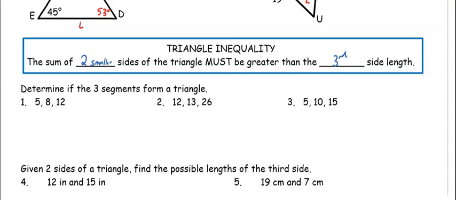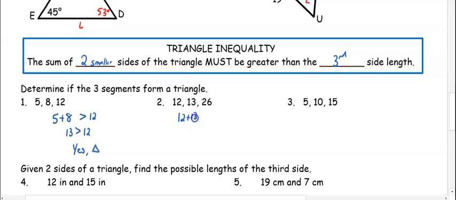So in number 1, our biggest side is 12. So 5 plus 8 needs to be bigger than 12. 5 plus 8 is 13. 13 is bigger than 12. So yes, this forms a triangle. In number 2, we have 12, 13, and 26.